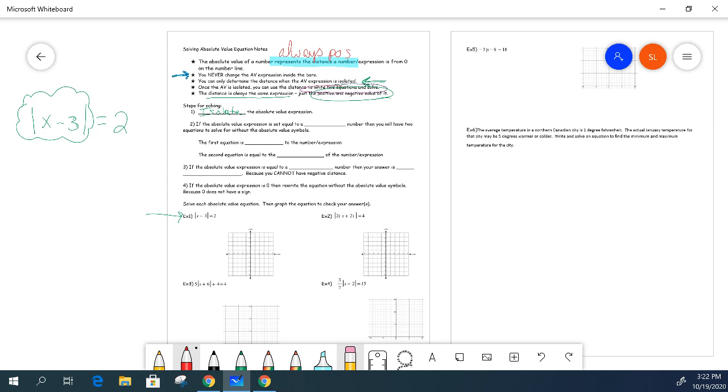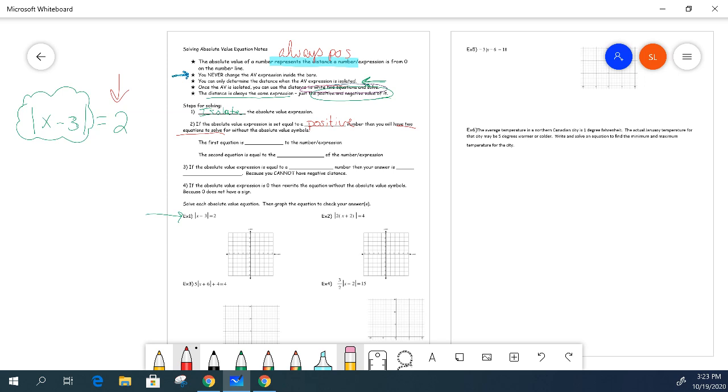Now we're going to look at if it is set equal to a positive number. If your absolute value is equal to a positive number, like right here, 2 is positive, then you're going to end up with two equations to solve.